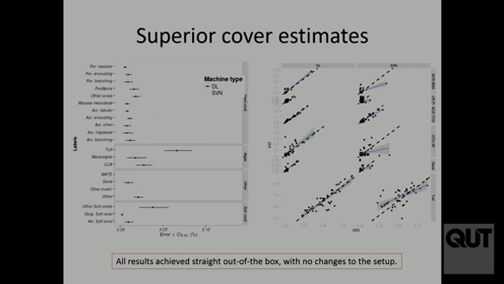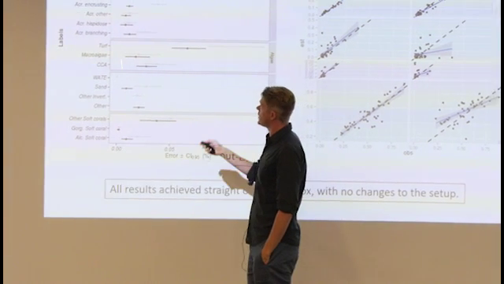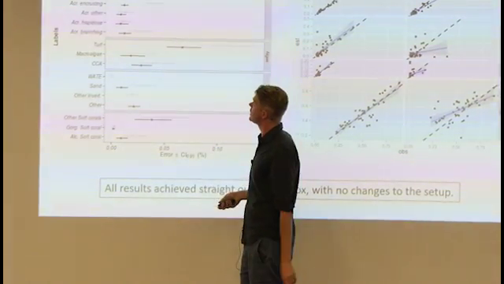So straight out of the box, we ran the deep nets versus the old system. So far I've talked about accuracy. Now we're talking about the actual estimates of benthic composition. The errors here are the average error across a certain number of test sites.